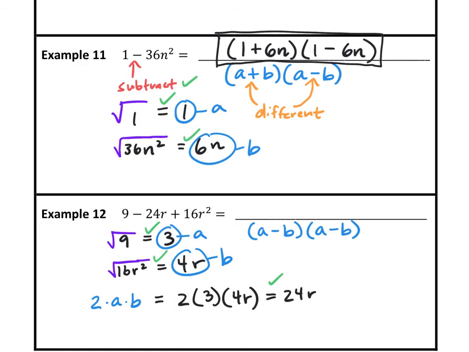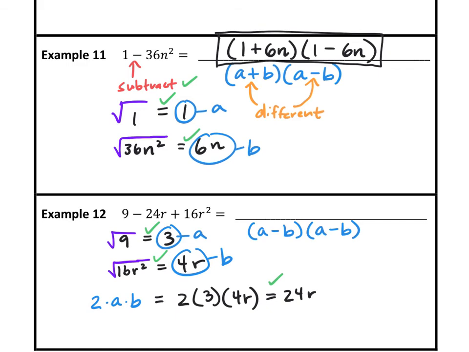Because it's a difference of squares, I'm going to be using two different signs, right? A plus and a minus. If it's a perfect square trinomial, then they're both going to be plus or they're both going to be minus, but it depends on if I have a minus plus situation or a plus plus. Okay, so I just wanted to kind of clarify that part.